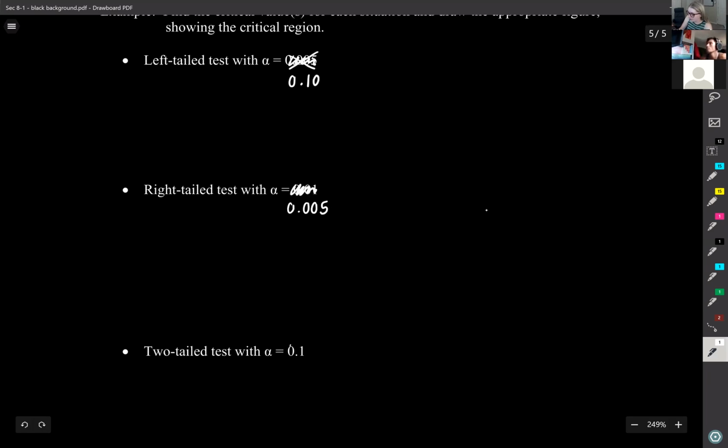I just didn't didn't want to do ones I'd already done. I think I left the last one. Yeah, I did. Okay, so we're going to do the same thing I just did above, just for some different significance values, to get some more practice.